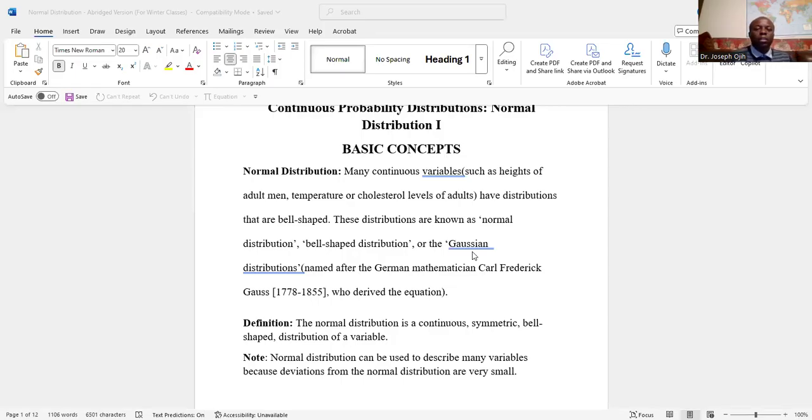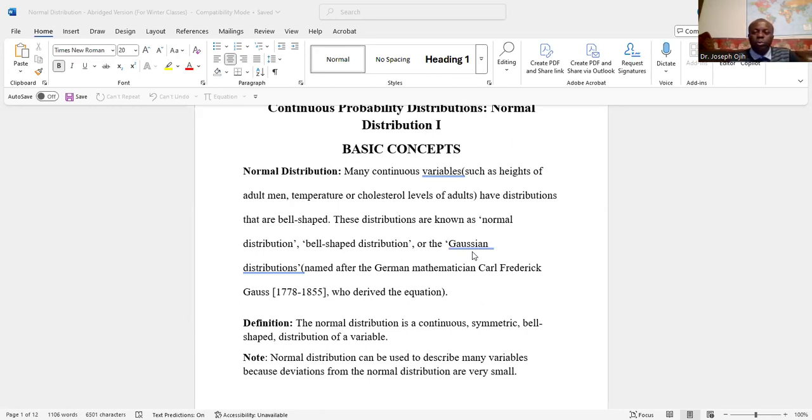Let me start this way. A lot of continuous variables such as height of men or women, temperature, or cholesterol level of adults have distributions that are bell-shaped. When I say bell-shaped, I mean shaped like a bell.